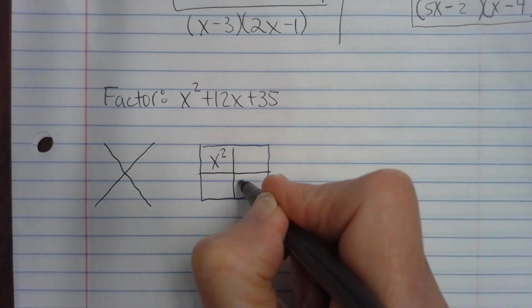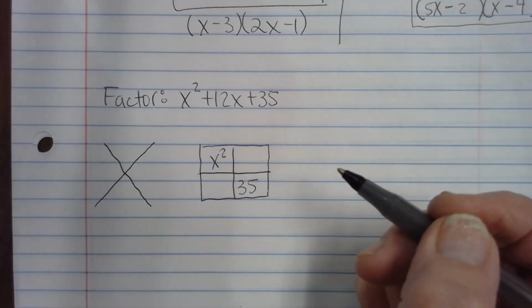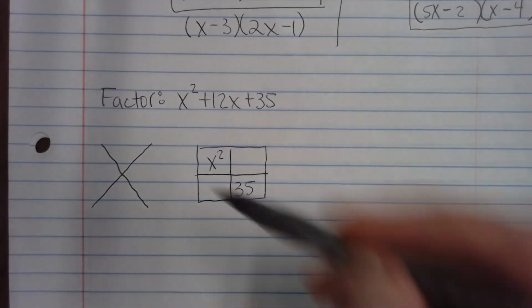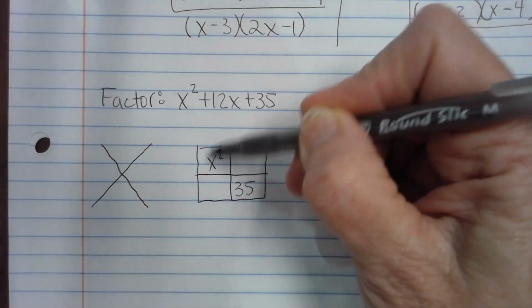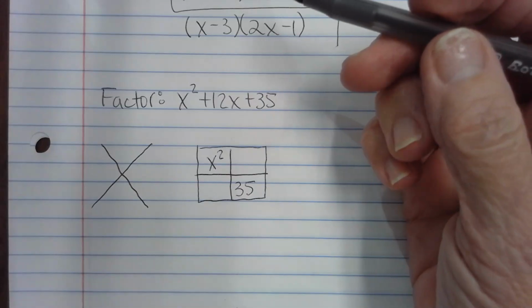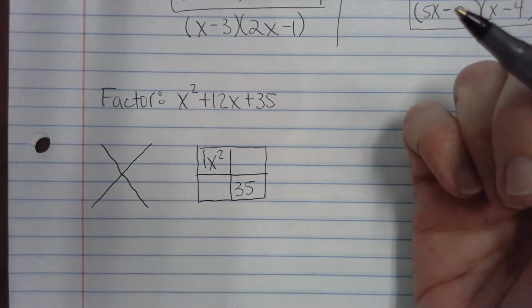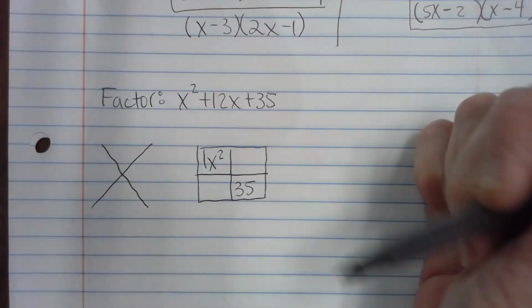Last term goes in the last box. The reason why I wanted to do this with you is because I would think when you get to this point, some hands would go up and you'd be like, oh, what am I supposed to do? Y'all, don't forget, what coefficient is in front of that x squared? Y'all, it's a 1. The rules haven't changed. So what's 35 times 1?